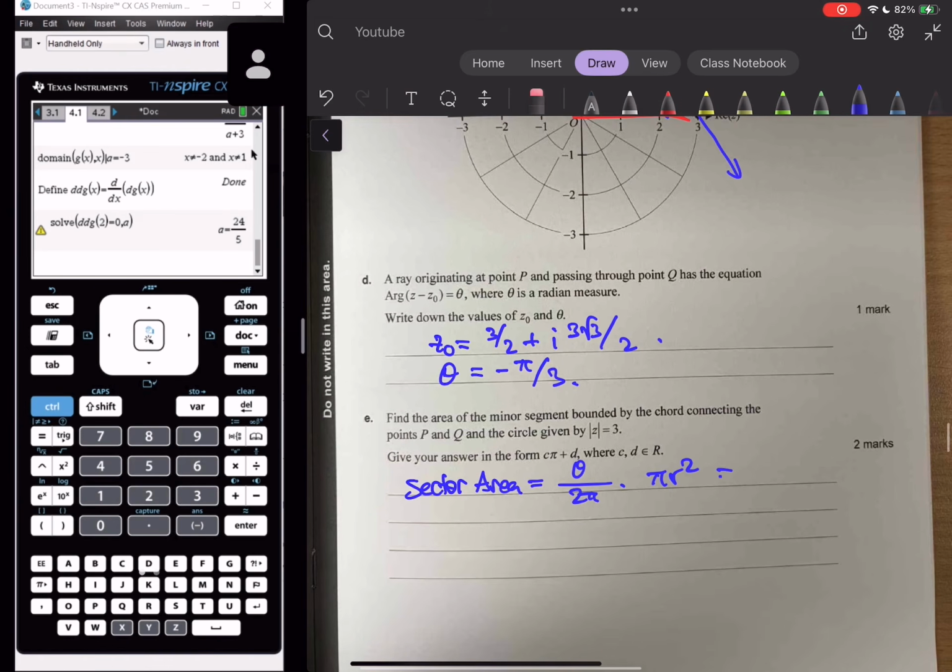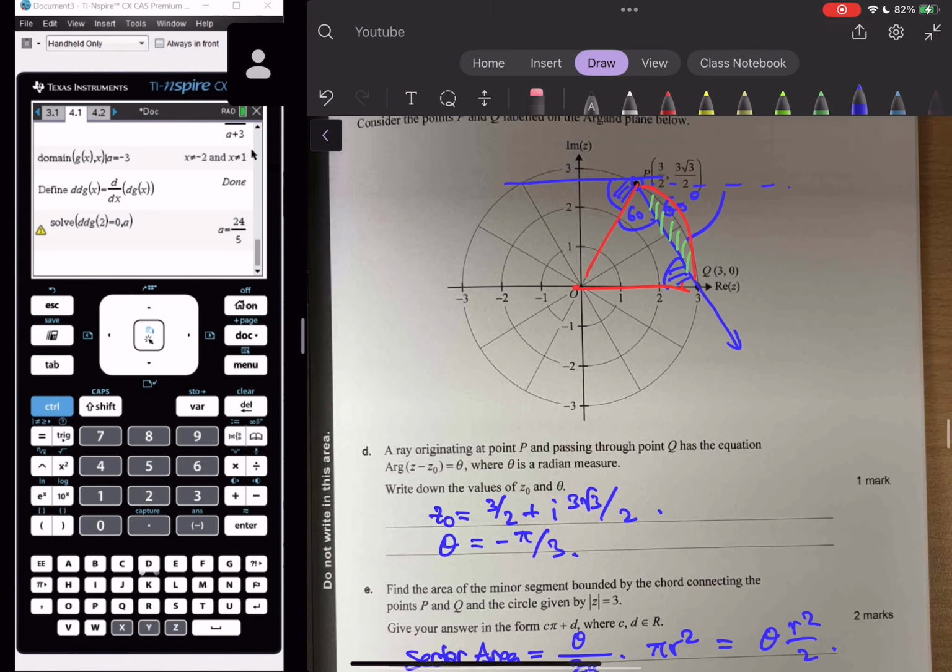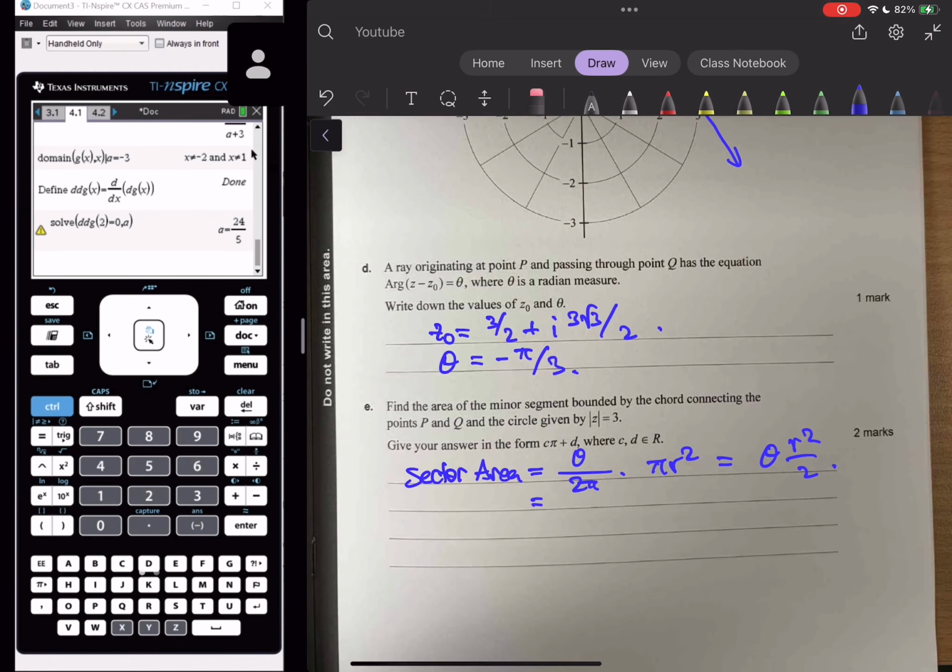And if we simplify this, this is theta times r squared over 2. Okay, so the sector area, r is equal to 3 in this case. So this is equal to pi on 3 times r squared, that's going to be 9, and then divided by 2. So that's going to give us 3 pi divided by 2.